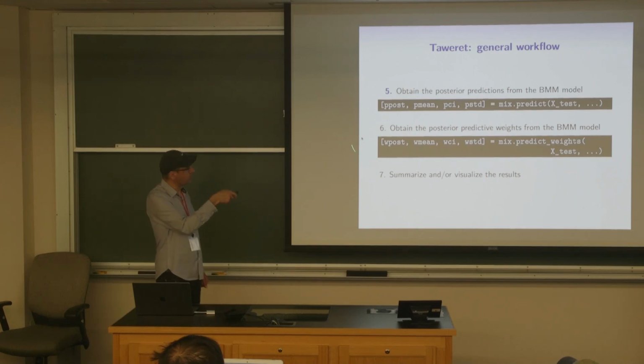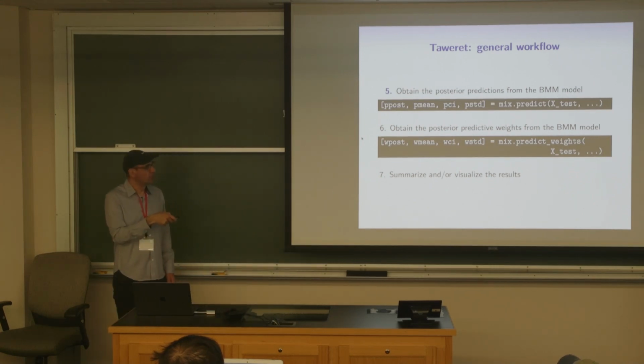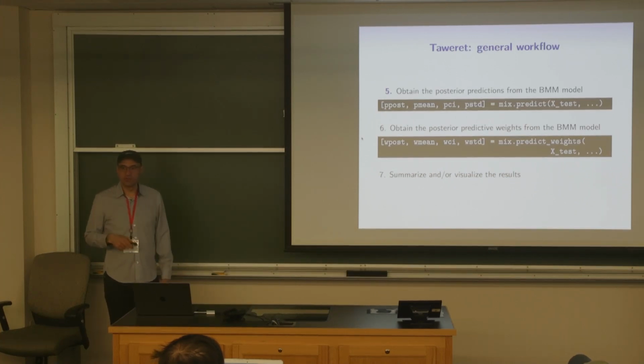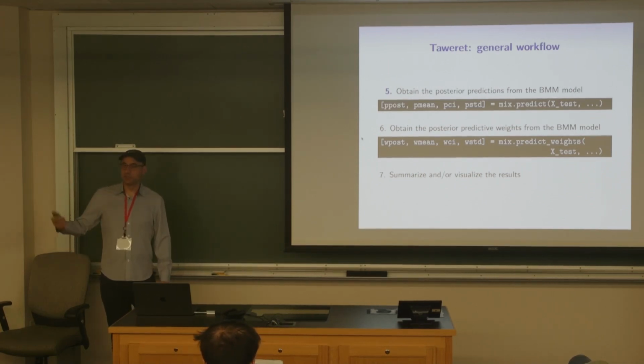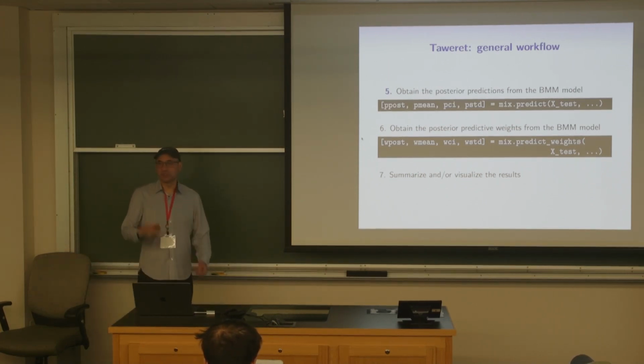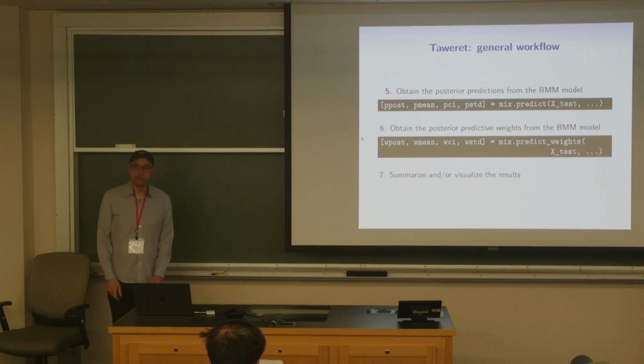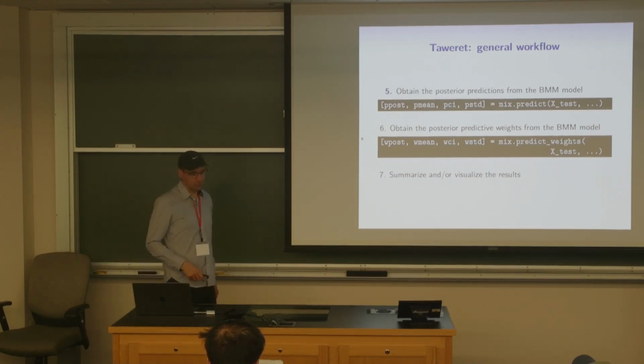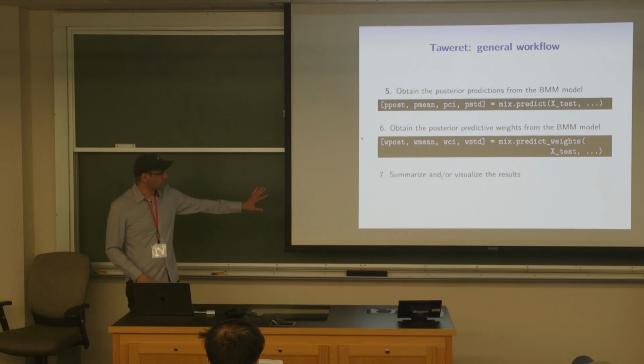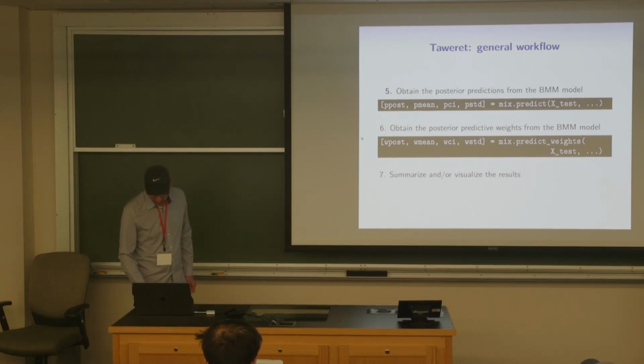And then once you have this information, you can do a variety of summary calculations or plots. You might want to plot the mixed fit of your model. You might want to plot the sum of the W's to identify where there are interesting things going on. That's all user-specific, depending on what you actually want to do.